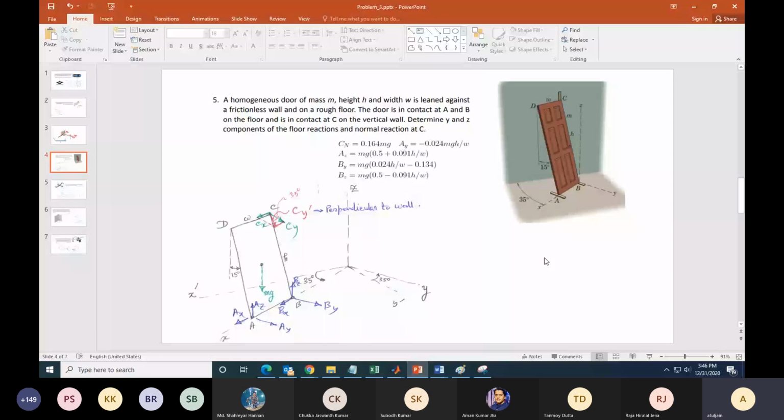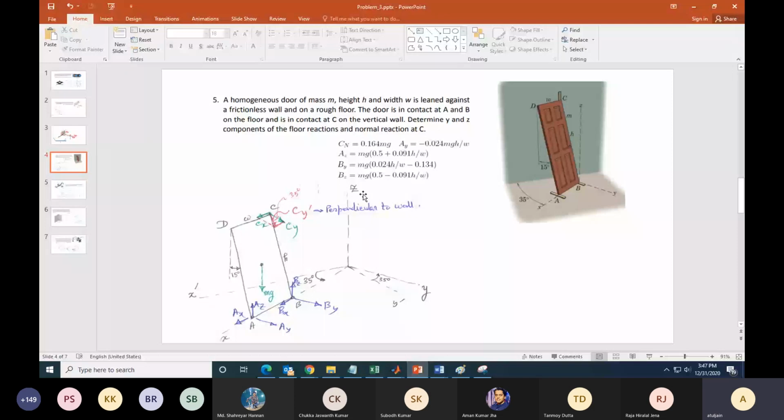Let us imagine a coordinate axis system such that X, Y, Z is the coordinate axis system on which your door is acting. Door is at X, Y, Z. Okay? The wall is at X prime, Y prime, Z. This angle is 35 degrees.